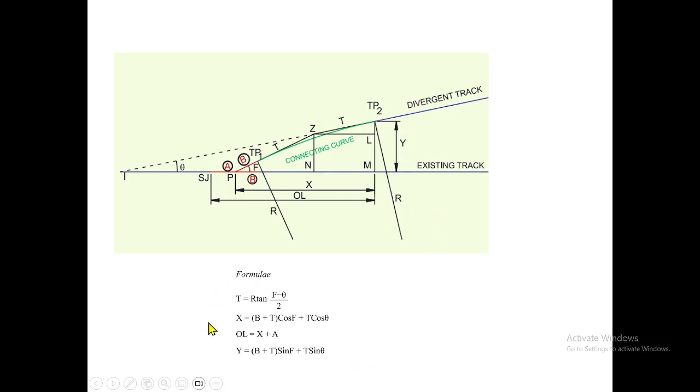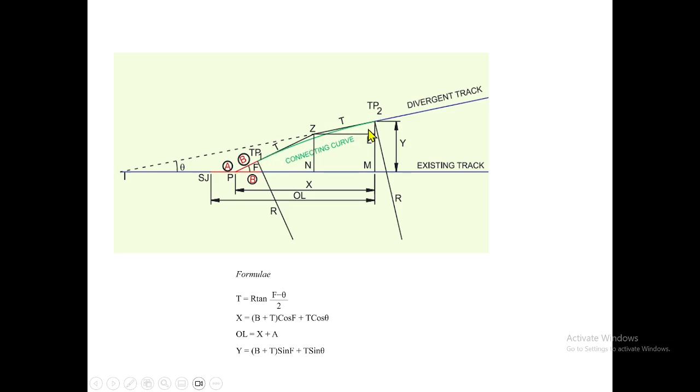So this is the way, using these formulae, we will be able to find out the Y distance and the overall length. With reference to this point, fixing Y and the overall length, we will be able to fix the SRG. So again, insert the points and crossing, and then we can give the curvature.